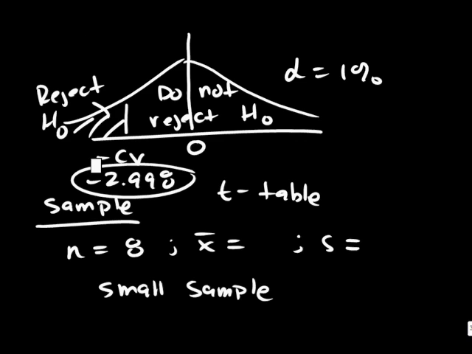We now have to use our test statistic. But in order to use a test statistic, we have to get our sample mean and sample standard deviation from the list of data they gave us. In this problem, they're going to make us compute the sample mean and the sample standard deviation ourselves.